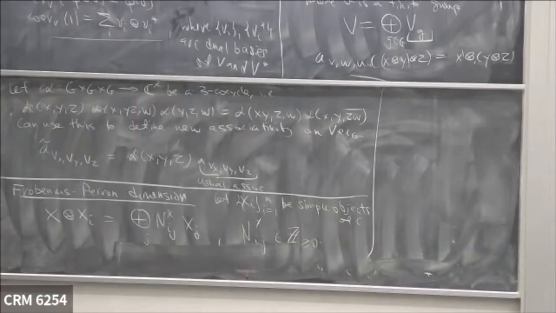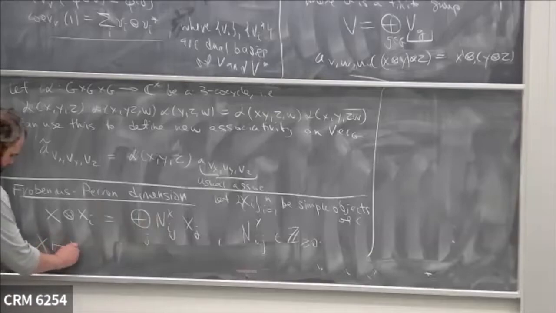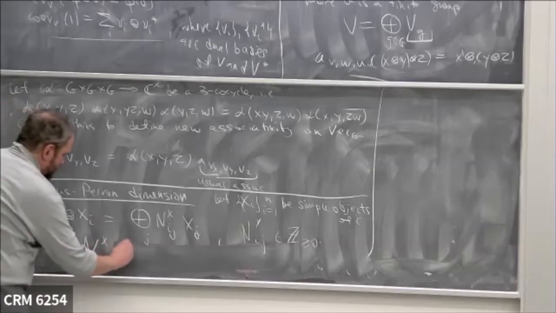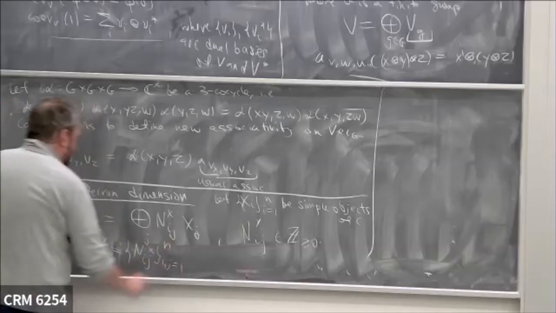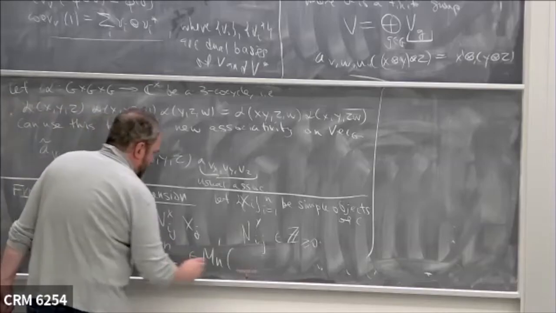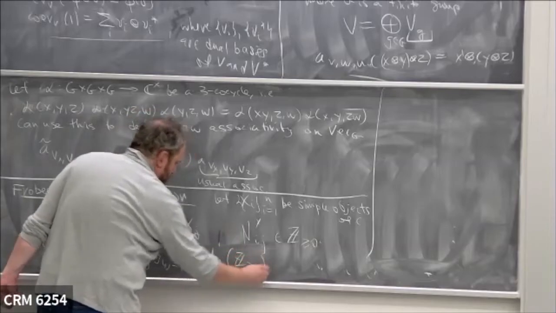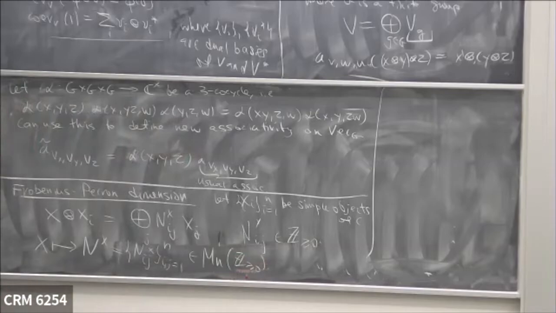So what we do in the process is, to an object X, we assign a matrix, which I denote N_X. This is the n by n matrix with non-negative integer entries.